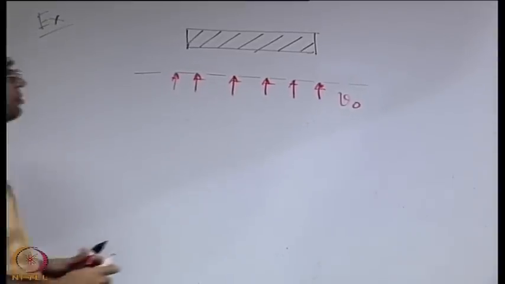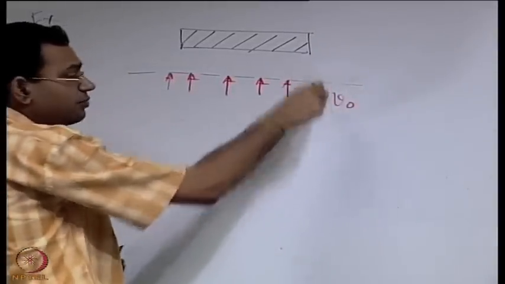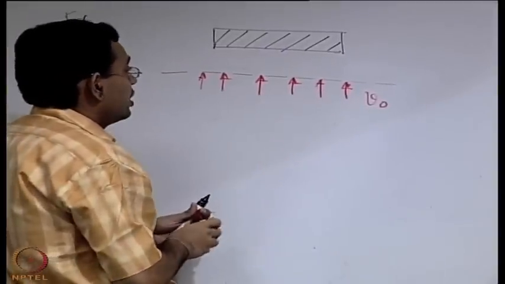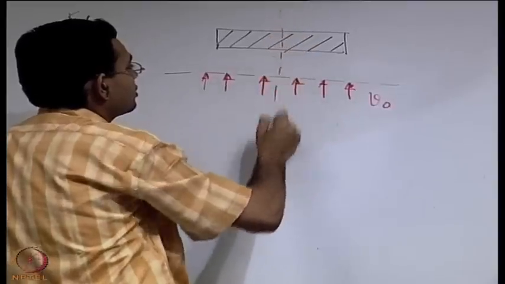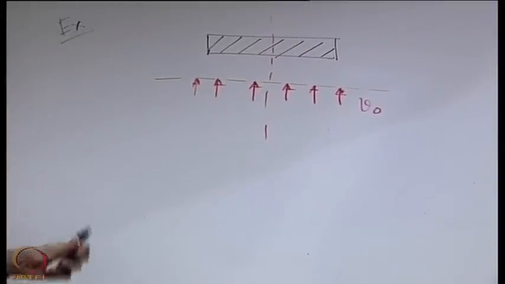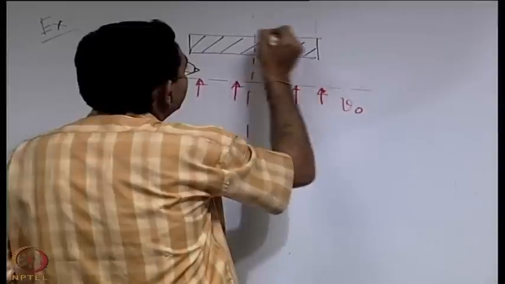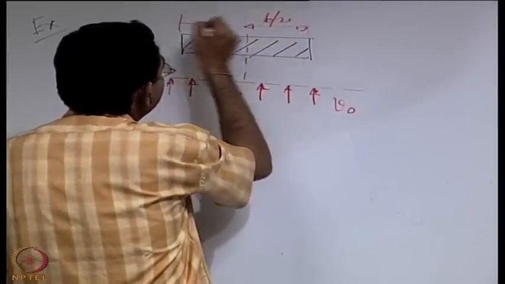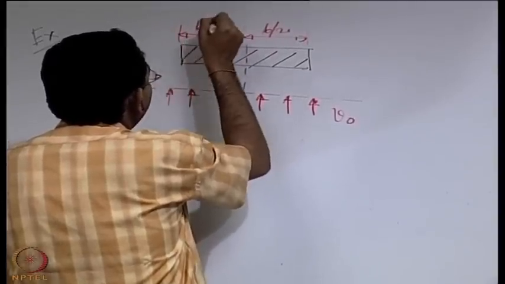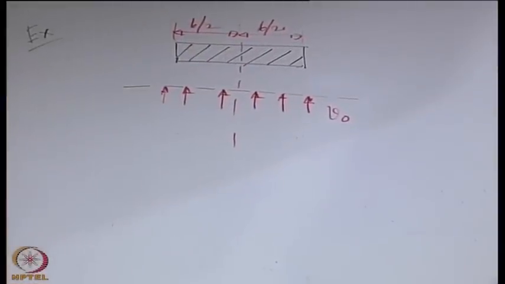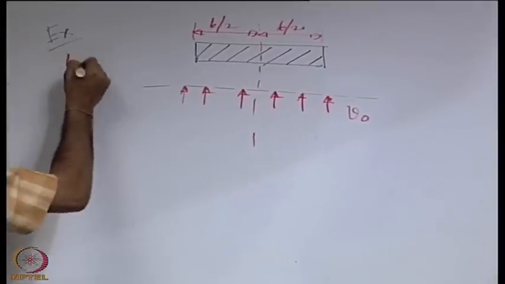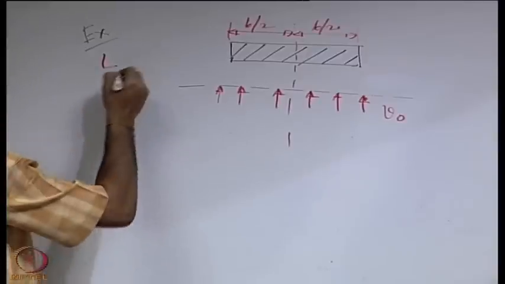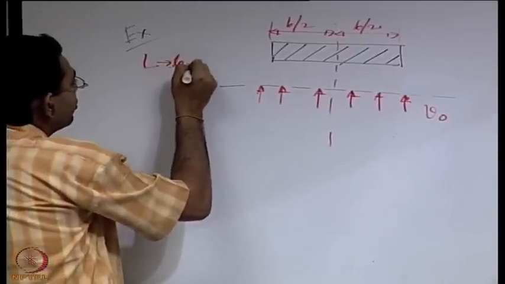So we have a uniform velocity, say V naught, with which air is entering through these pores, and let us have a coordinate system like this where this is symmetrically located with respect to the plate. Let this be b by 2 and this be b by 2, which are half of the dimensions. Let us say that L is the length of this plate perpendicular to the plane of the figure.